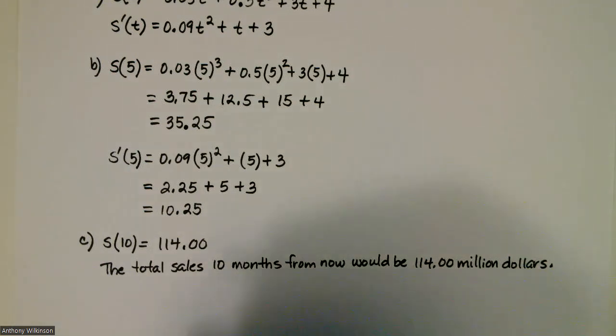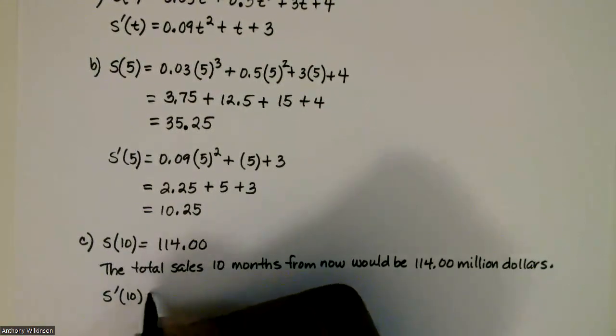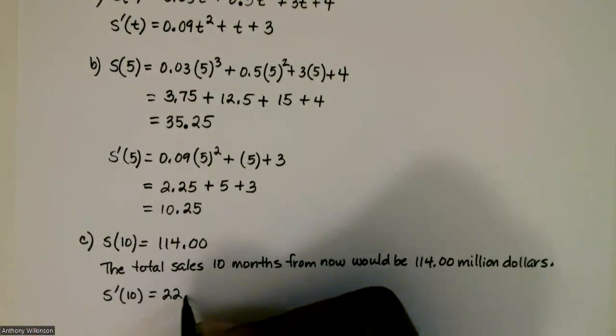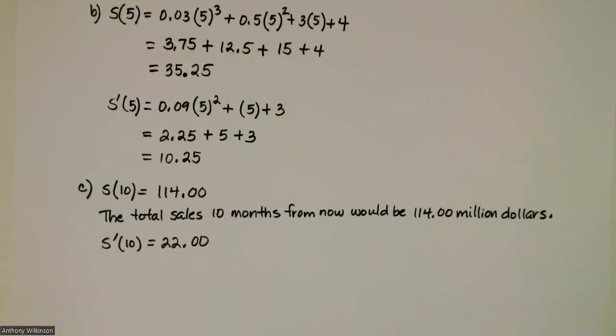Okay. And then for S prime of t equaling 22.00. Now, since we're dealing with the instantaneous rate of change, that's the first derivative.